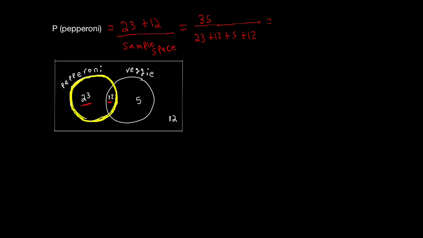So here we're going to get 52 on the denominator, and we have 35 as the numerator. That is going to be the ratio. Now we want to get the percentage. So we get 35 divided by 52, and we get approximately 67%.